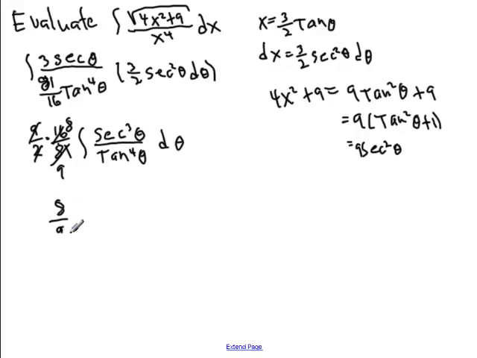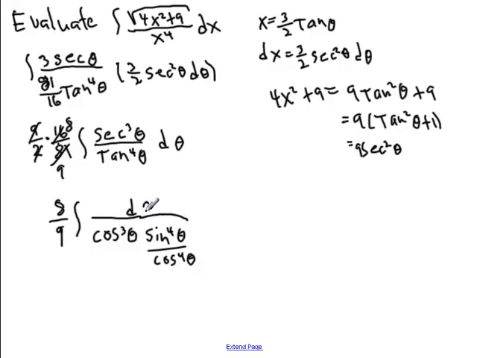So 8 over 9 on the outside, integral, and secant theta is 1 over cosine theta, so we have cosine cubed theta on bottom. Tangent is sine over cosine, so that means we're going to have sine to the fourth theta over cosine to the fourth theta, and I guess just d theta up on top.